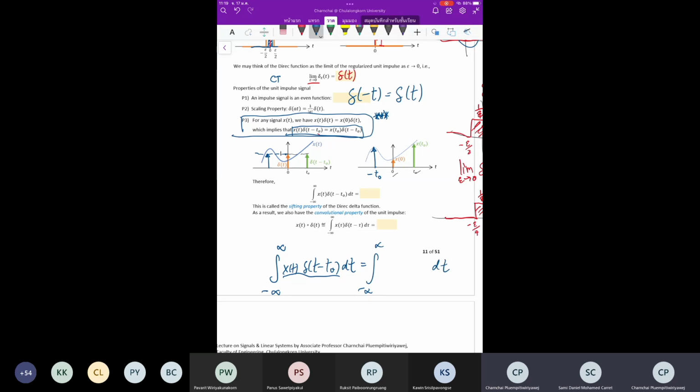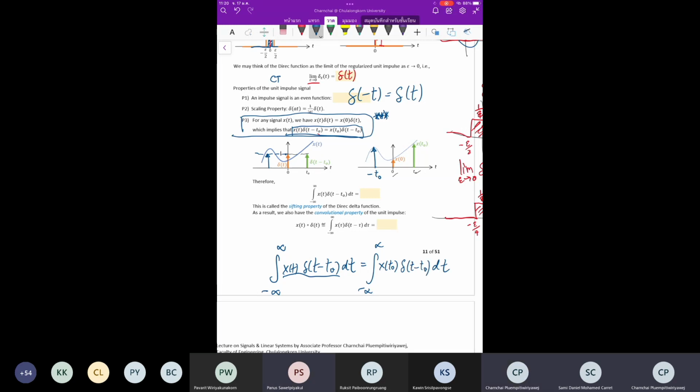What's inside the integral? It will be x(t naught) times delta(t minus t naught).